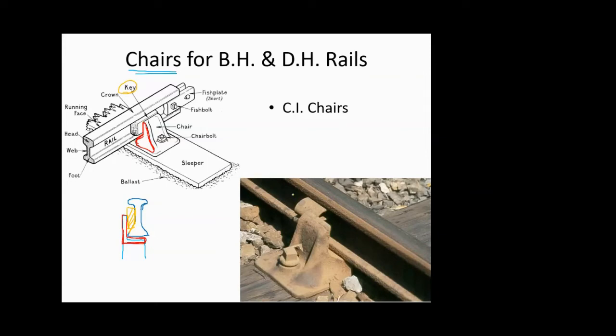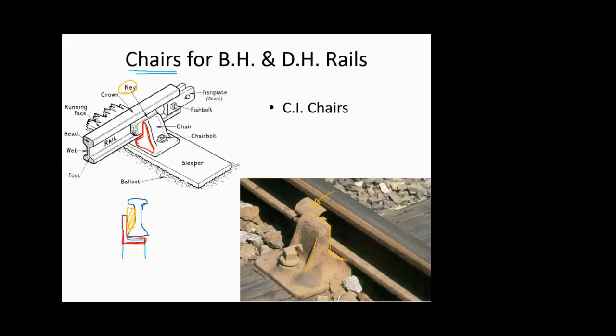Okay, so this is the typical actual picture of the chairs that are used. If you see here, it is the same as the one shown in the picture. Whatever is the gap between, this is the key. Now this key can be wooden. The one shown here in the sketch is wooden, but the one actually used is a metal key.